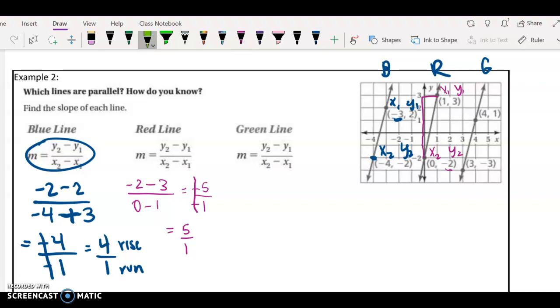For my green line, this is going to be my x2, my y2, x1, y1.